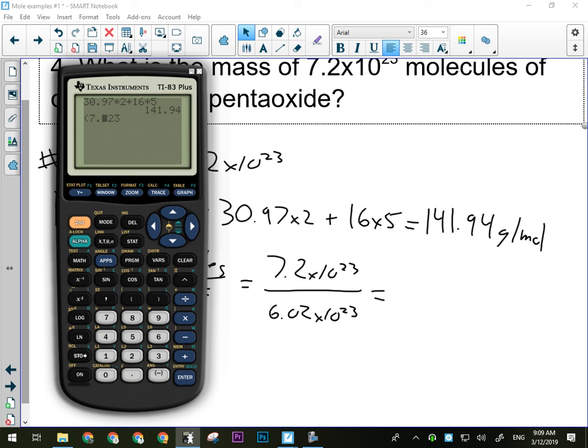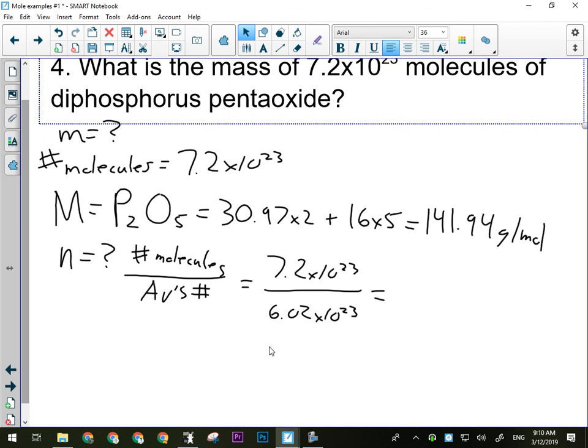I could just divide 7.2 by 6.02, but that's fine. We'll show the whole thing. All right, so we are looking at 1.196 moles.